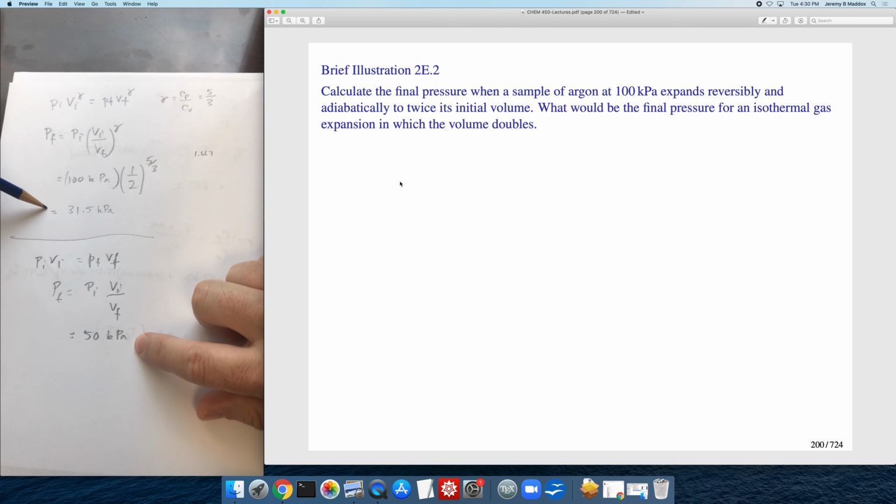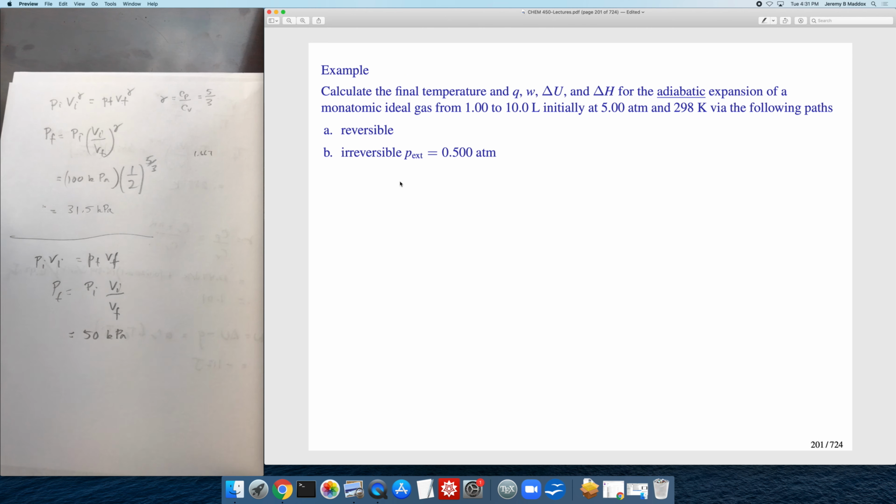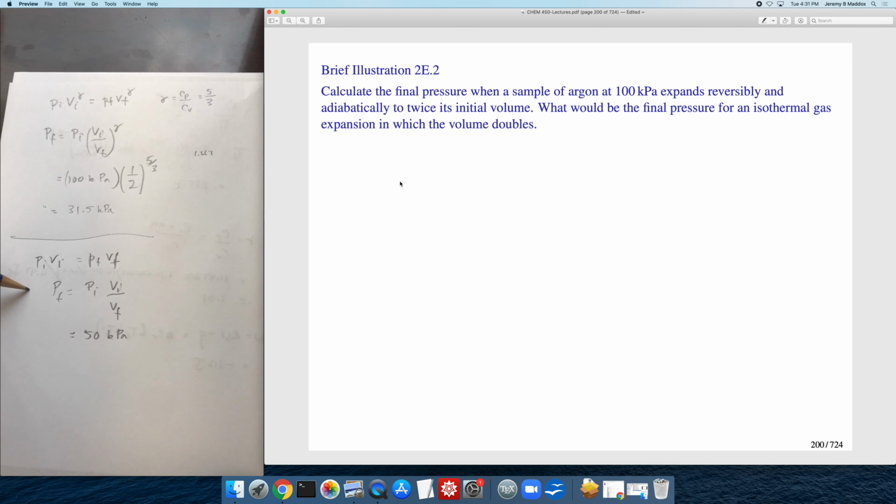Okay, so it's not the same path, right? We have a different final state for the isothermal case compared to the adiabatic reversible case. And this illustrates you can't get away with using isothermal expressions for an adiabatic process.